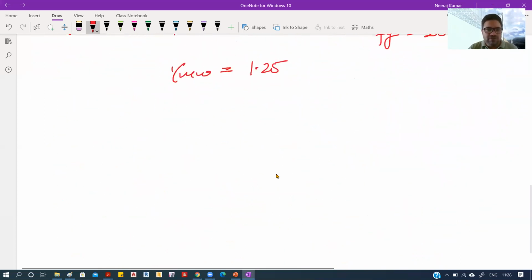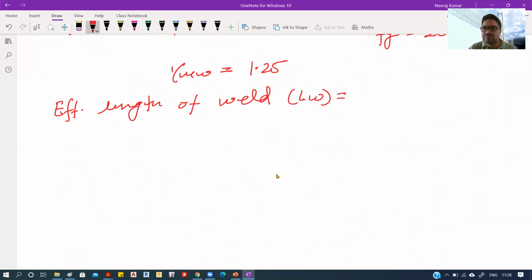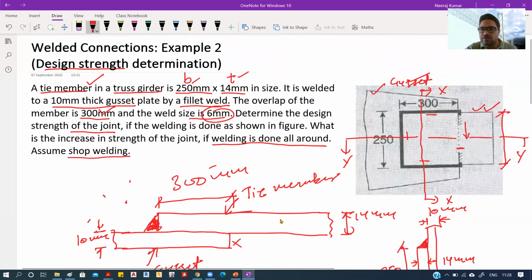Can we find out the effective length of weld using the figure? Well, yes, we can. In the figure you can see welding is done on three sides. First side is 300, second side is 250, and this side is also 300.